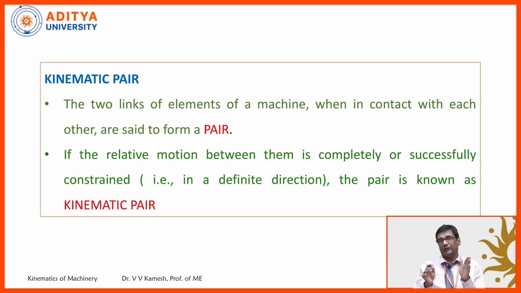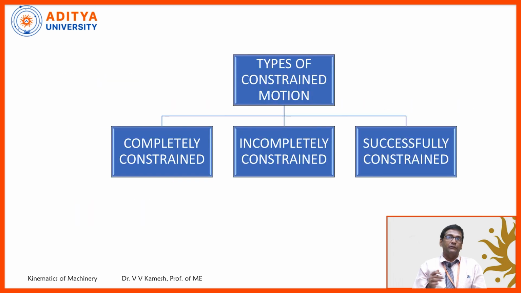To be called a kinematic pair, it should be completely constrained or successfully constrained. Now, we would like to know what is meant by constraint and the types in it. The types of constrained motion, we have three varieties. One is completely constrained, second is incompletely constrained and third is successfully constrained.